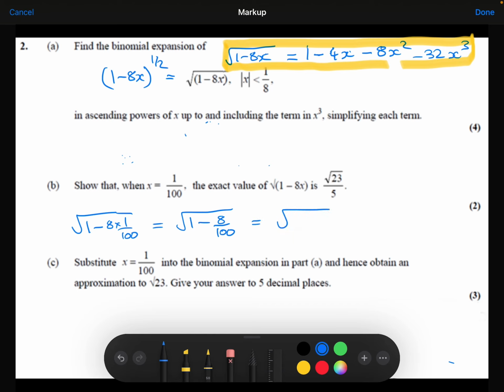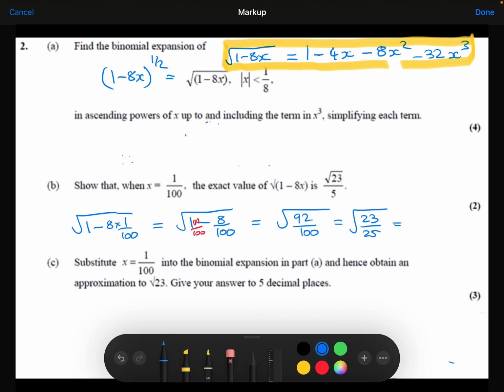Let's get a common denominator here, so we're going to times this by 100. And so we can see that this is going to be 92 over 100. 92 over 100, we can divide top and bottom here by 4, and we'll get 23 over 25.